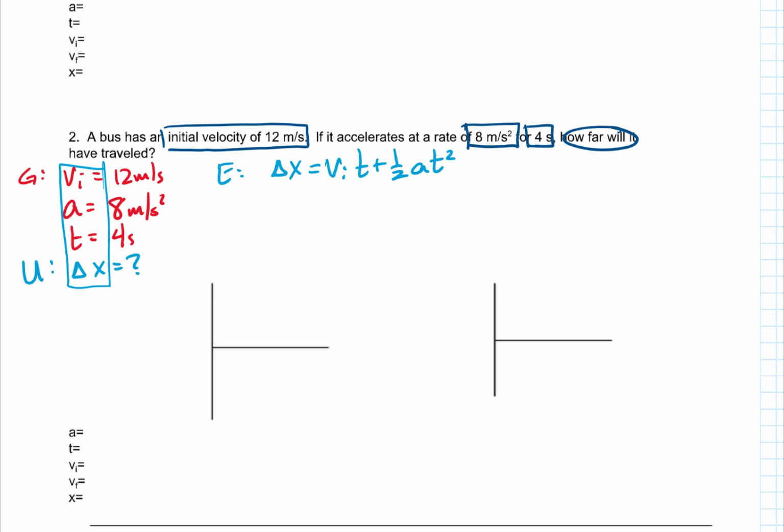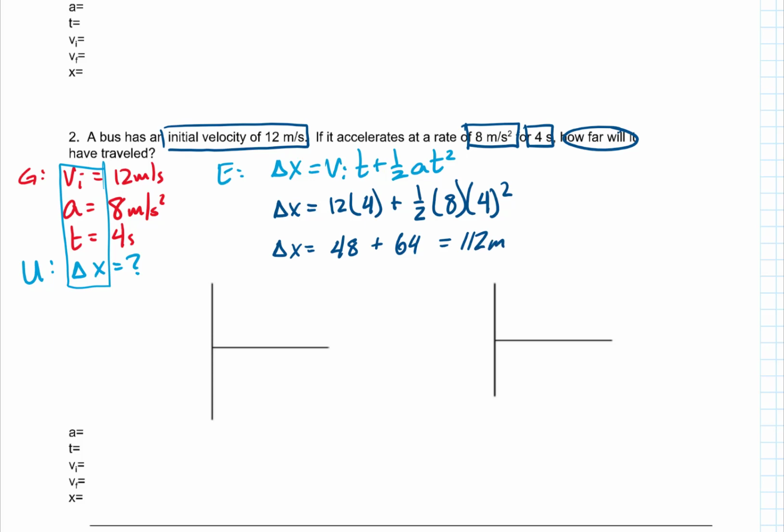I've got all of those things, so delta x is equal to the initial velocity 12 times the time of 4 plus 1/2 times the acceleration times the time squared. Well, this is just math that we can put into our calculator. 12 times 4 is 48 plus 64. So my delta x comes out to be 112 meters.